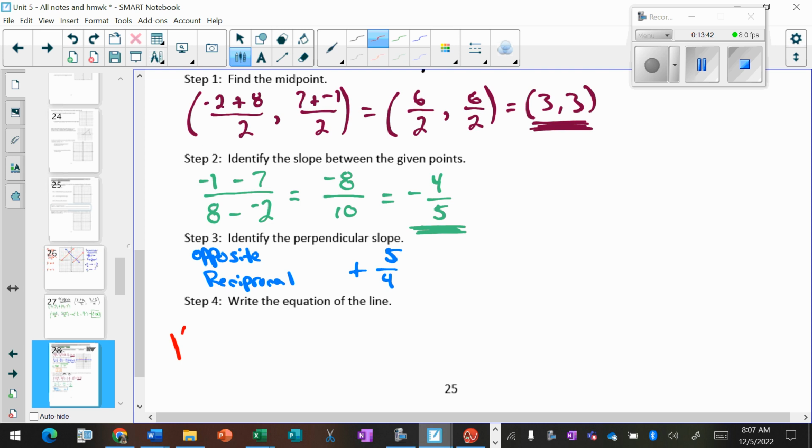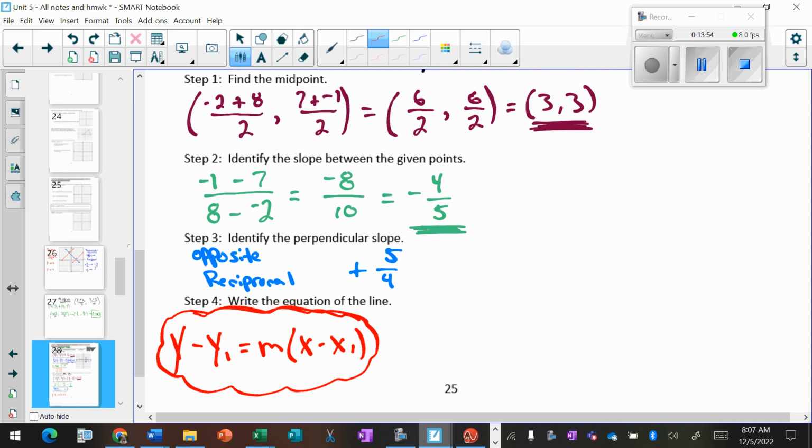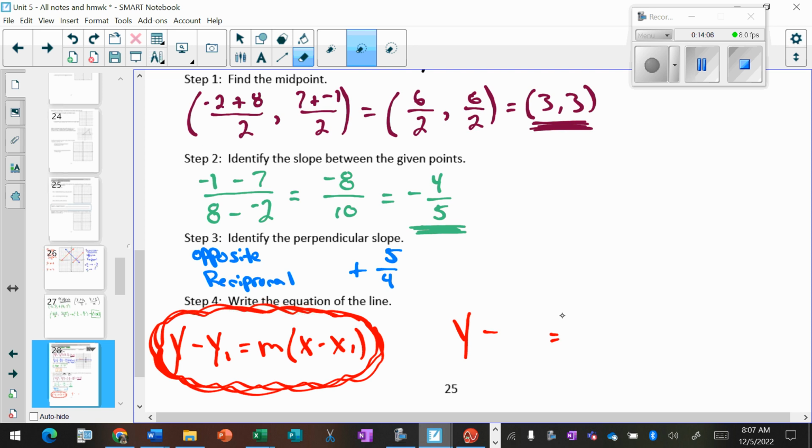So our point slope form is y minus y1 equals m times x minus x1. And when we were practicing this, when we first learned it, we were just practicing putting the numbers into the correct spots, knowing that the y stayed the y, the m gets replaced with the number, and then the y1 and the x1 get replaced with a number.